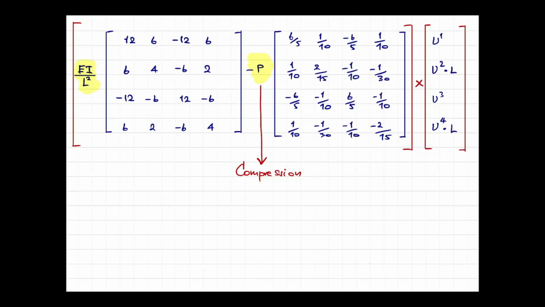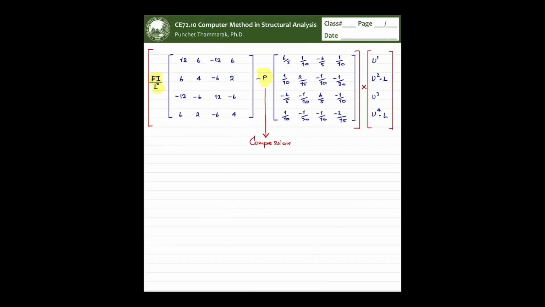Not as accurate as that one, but the accuracy is at a level that we are happy with. So up to this point, when you find the determinant, it will be in terms of something multiplied by P, plus or minus something multiplied by EI over L squared.